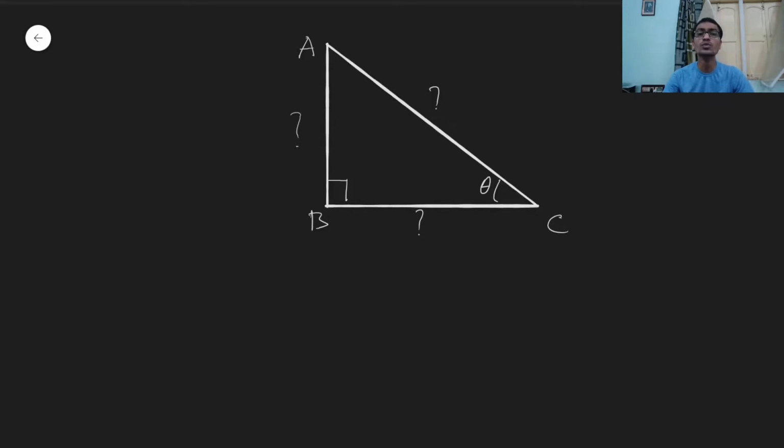So we will have given one angle theta and one side. Then we have to find another side. In some of the problems you will be given two sides and then you have to find the two unknown angles, because one angle is already known, that is 90 degree.